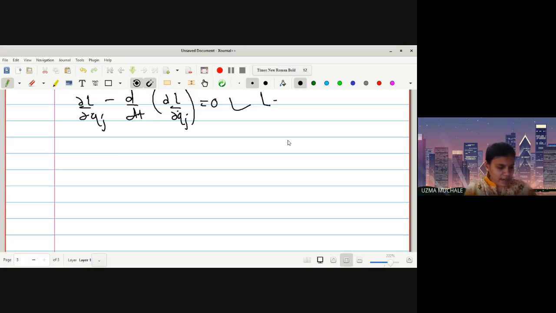If L is a Lagrangian for a system of n degrees of freedom, satisfying Lagrange's equation of motion, show that the new function L dash... Okay, let me write down the statement.